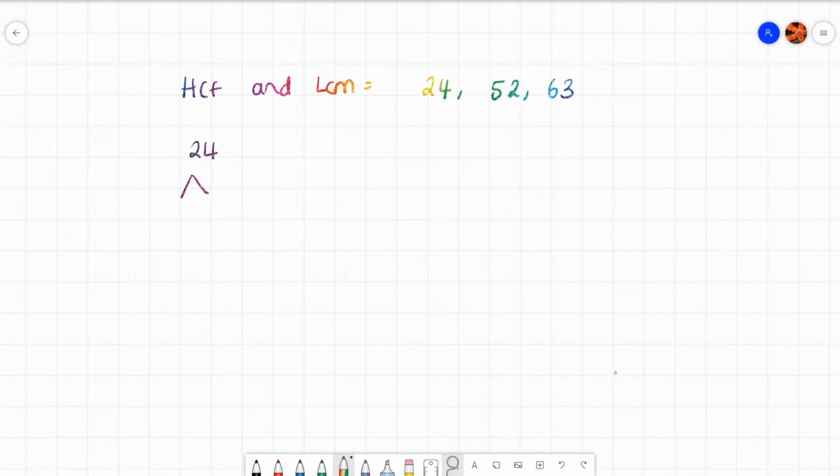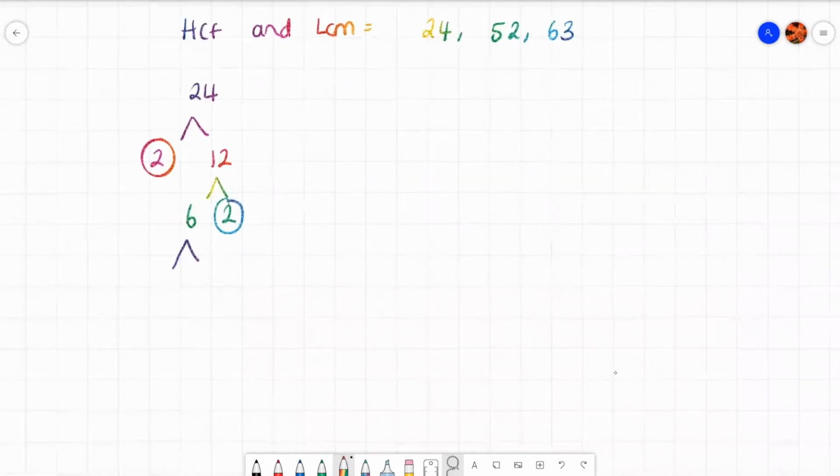24, 2 numbers that multiply to make 24, 2 and 12. Circle 2. 12 is 6 and 2. 2 is prime, circle it. 6 is not, so it's 3 and 2. Both prime, circle. 52, so it's even. So 52 divided by 2 is 26.